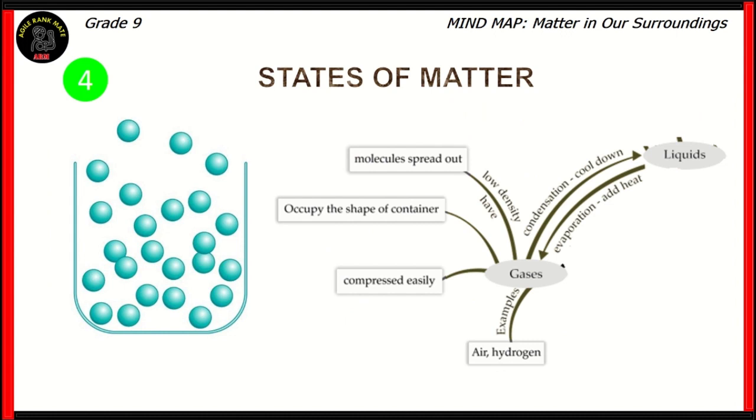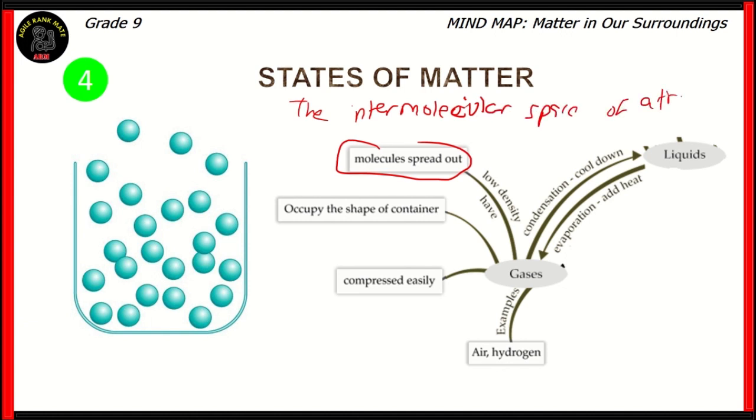So next, the fourth part of the mind map, which is gases. In gases, the molecules spread out, because the intermolecular force of attraction is less, so they can easily spread out.